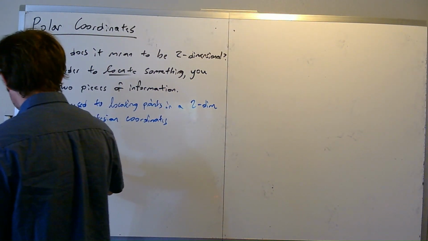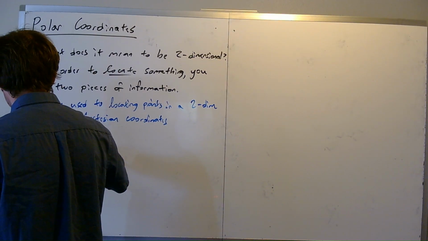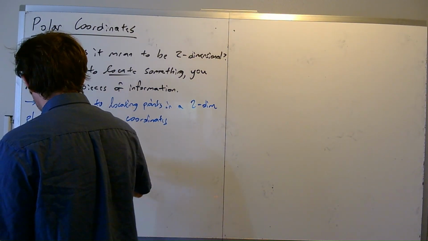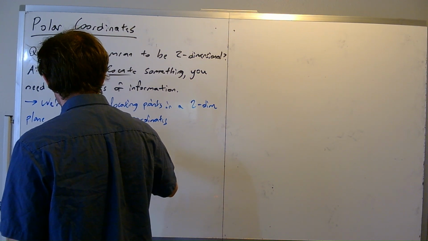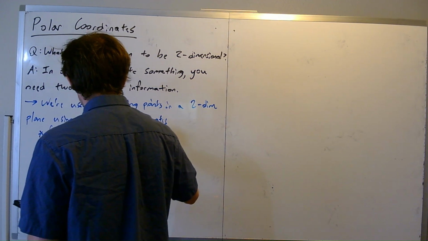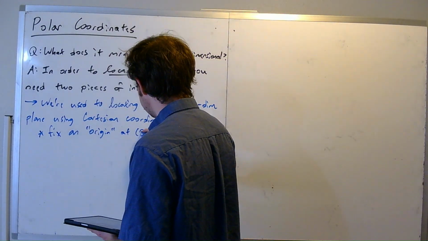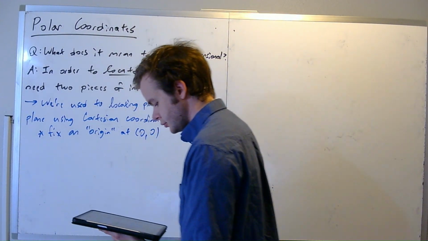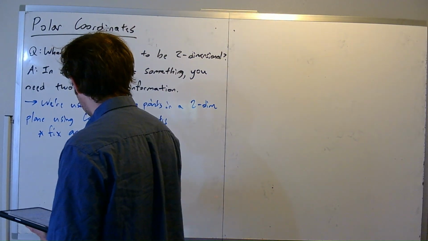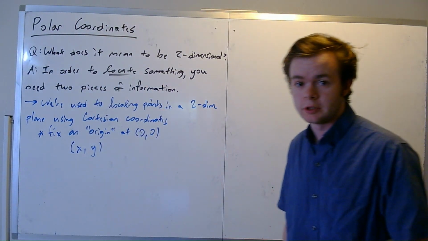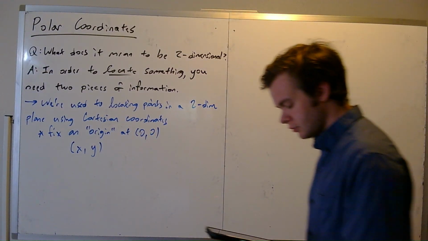So what we do here is fix an origin at the point 0, 0. And we say that we have x comma y. Those are the two pieces of information we use to locate things.